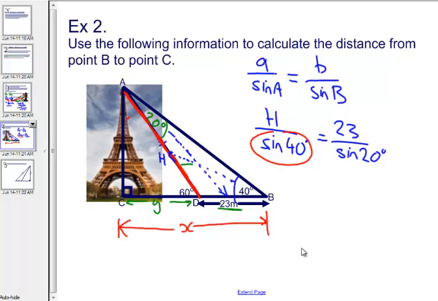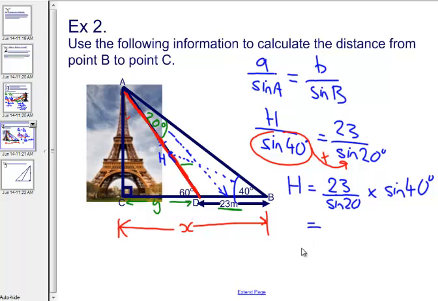This needs to move over this side again. It's been divided by the H, so we're going to multiply it. That leaves us with H equals 23 over sine of 20 multiplied by sine of 40 degrees.